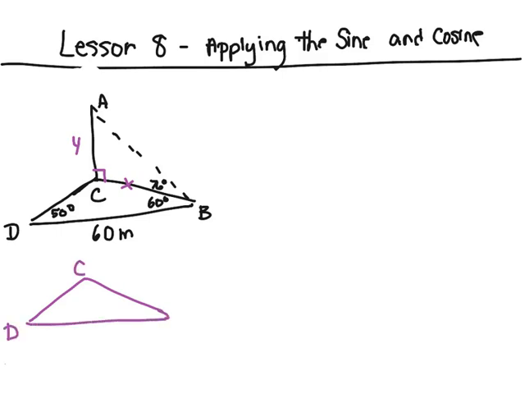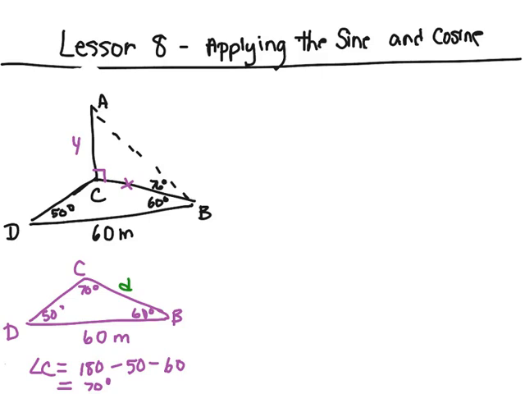I always like to draw an extra triangle just so I can simplify what I'm looking at. So we have 50 degrees and 60 degrees, and this is 60 meters. We know that angle C is equal to 180 minus 50 minus 60, which is 70 degrees. So we can put that into our diagram. So we know 3 angles and a side, and we want to find side D here.